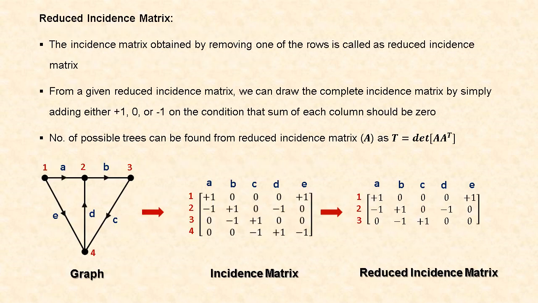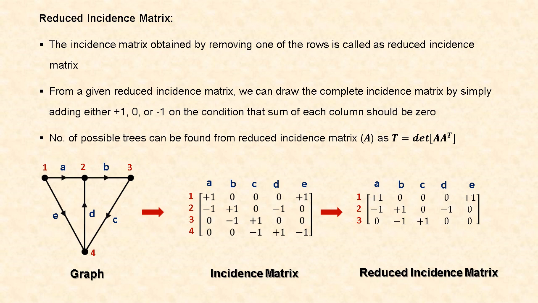Next is the reduced incidence matrix. The incidence matrix obtained by removing one of the rows is called the reduced incidence matrix. From a given reduced incidence matrix, we can draw the complete incidence matrix because we know that the sum of the elements in each column should be 0.